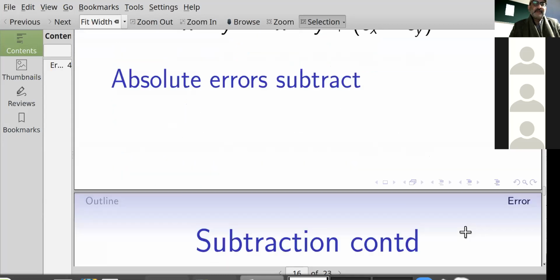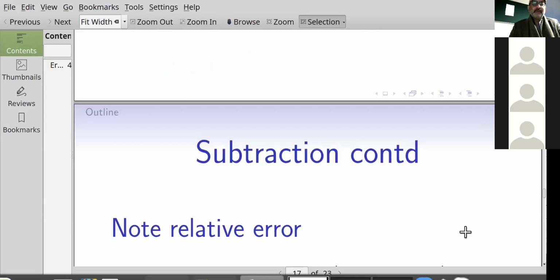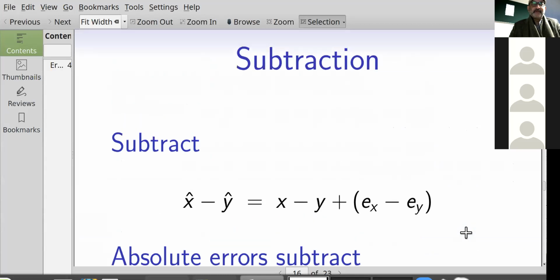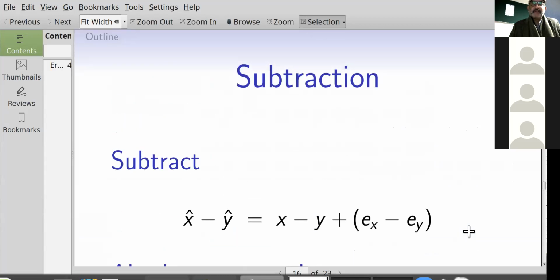Okay, what if I want to consider this a little bit more? We're going to look at the relative errors. So what do I want to do for relative errors? To get relative errors, I divide absolute errors by the quantity of interest.